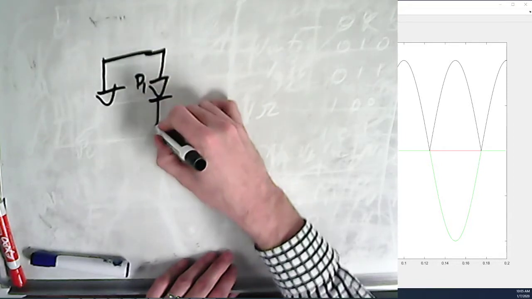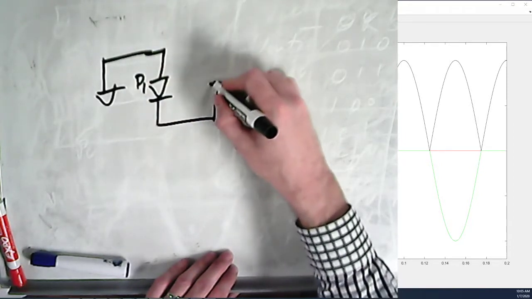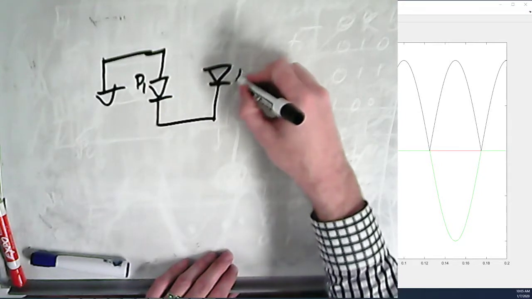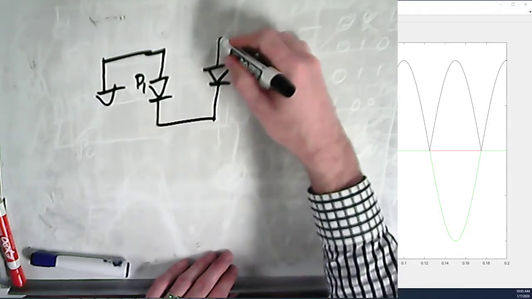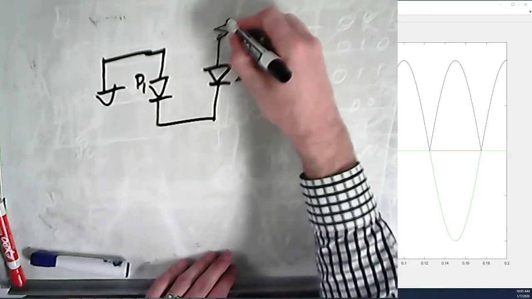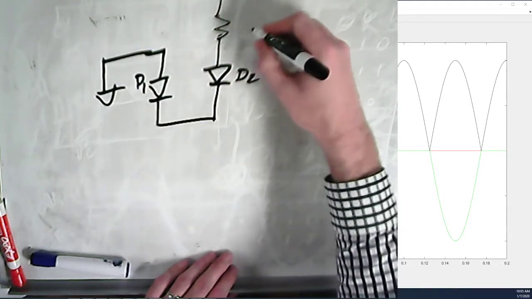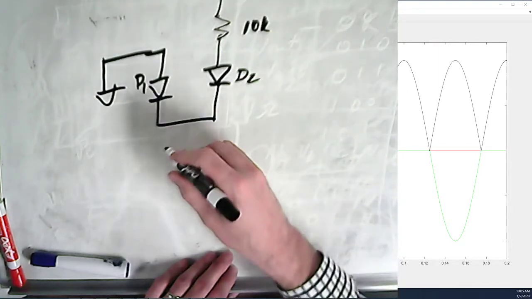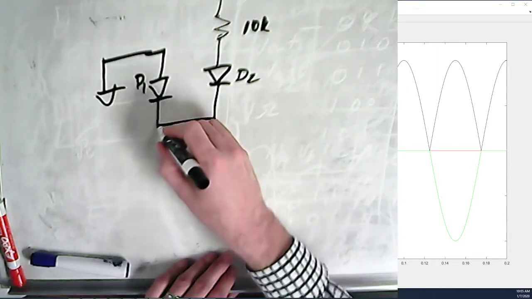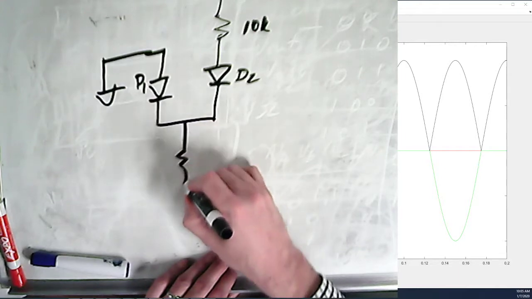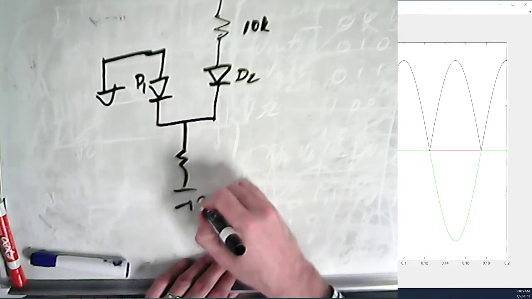This is D1. There's another diode here, D2. This goes up to 10 volts. We'll put a 10 kilo ohm resistor here, and we'll put a 5 kilo ohm resistor off of these guys down to negative 10 volts.